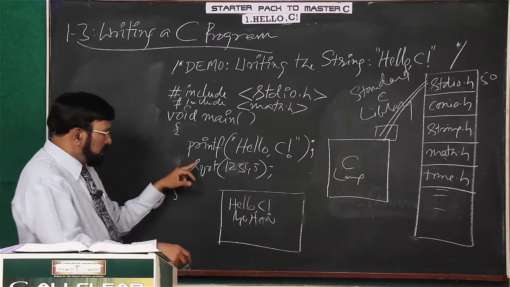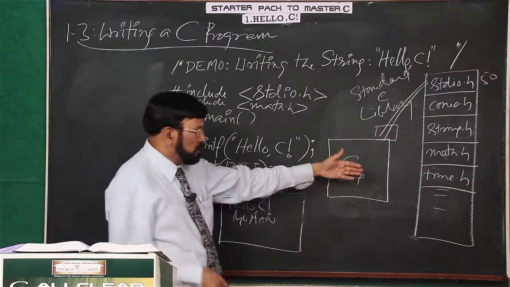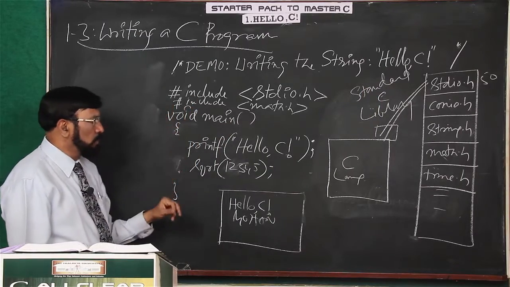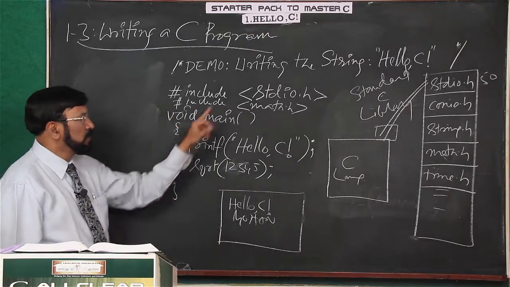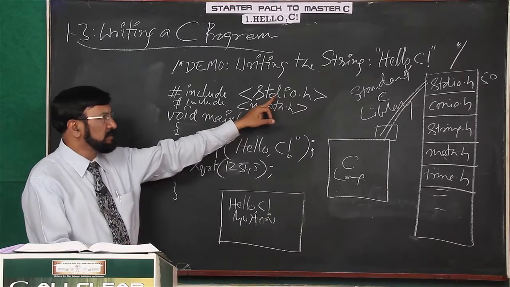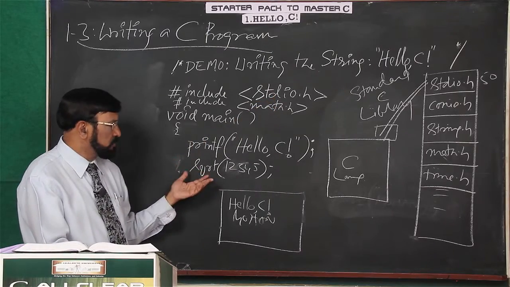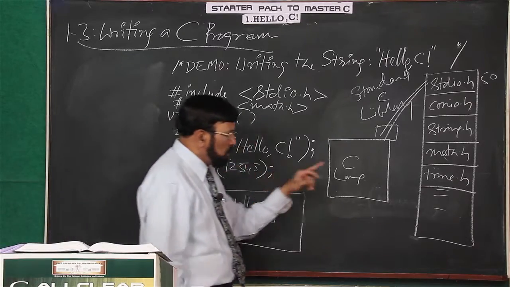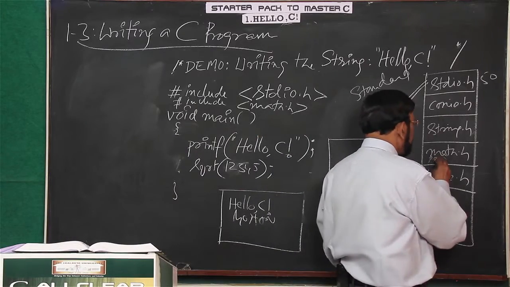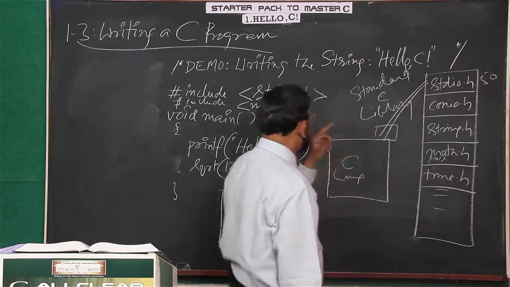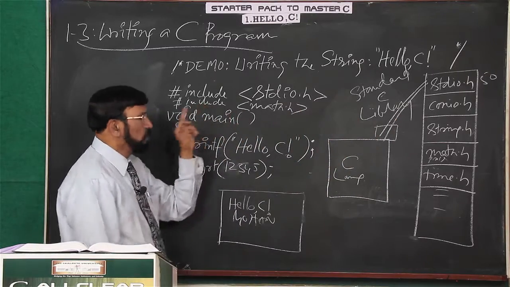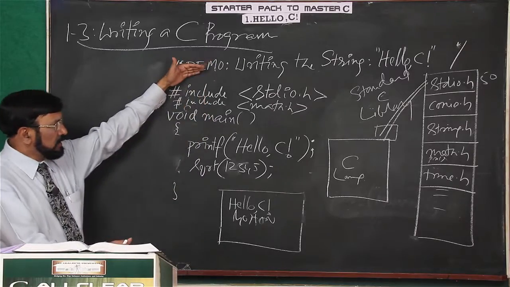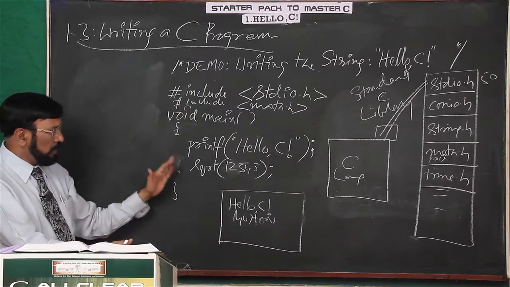Whatever ready-made functions you are using, you have to include the corresponding header file. Here we have used printf, that's why you include stdio.h. Suppose you use pow or square root, which is a mathematical function. Where is the pow function? Pow function is in this library, so you have to include this header file, math.h. These are the complete code-wise details.